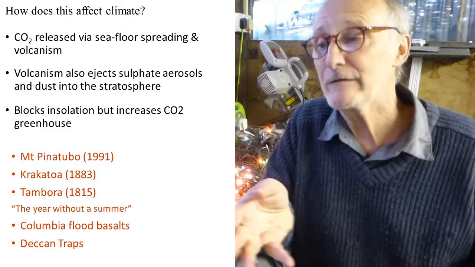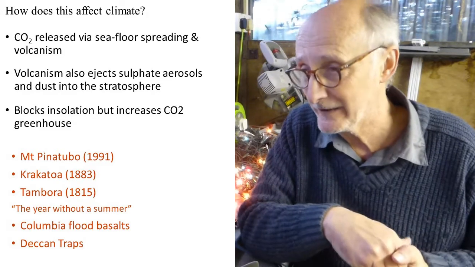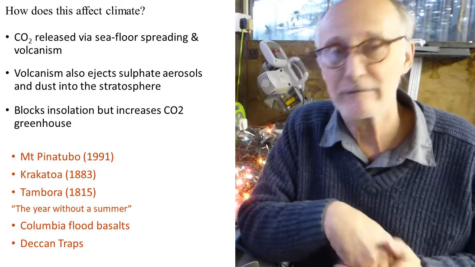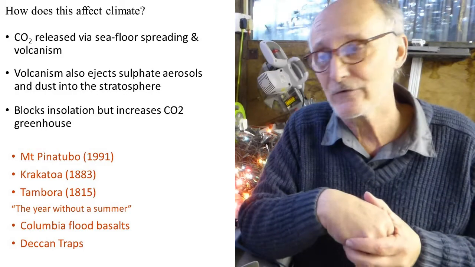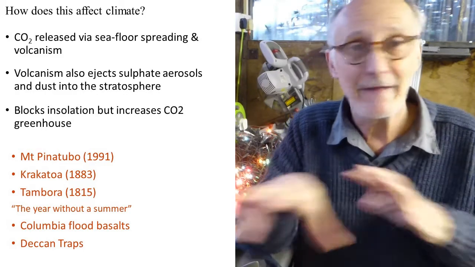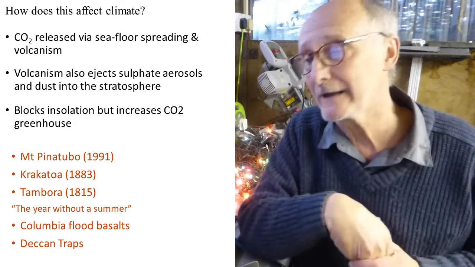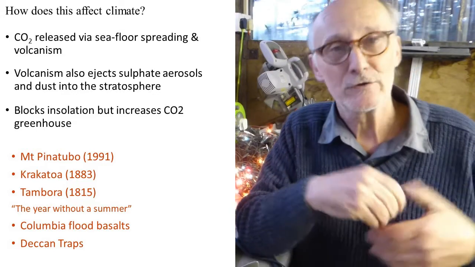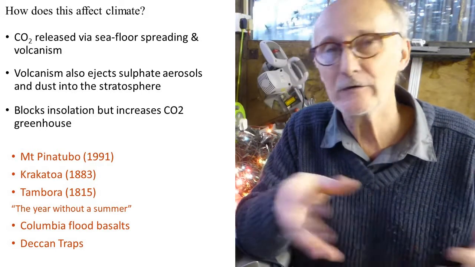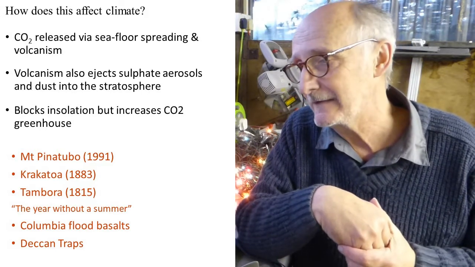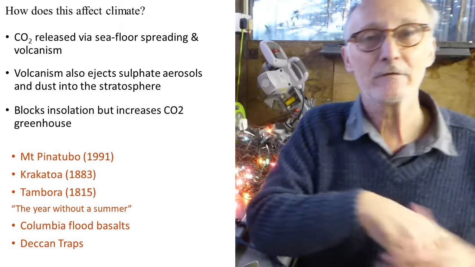The release of carbon dioxide, for example, by volcanism and seafloor spreading, sulfate aerosols, dust going up into the stratosphere. You're changing the composition and characteristics of the atmosphere, and that can have all sorts of different effects, whether it's physically blocking insolation, or changing the greenhouse effect as a result of changes in CO2 and other chemicals in the atmosphere as a result of that volcanic activity, which is itself a result of plate tectonics.